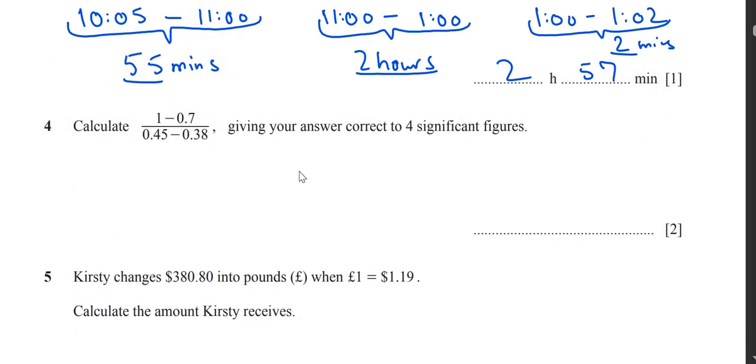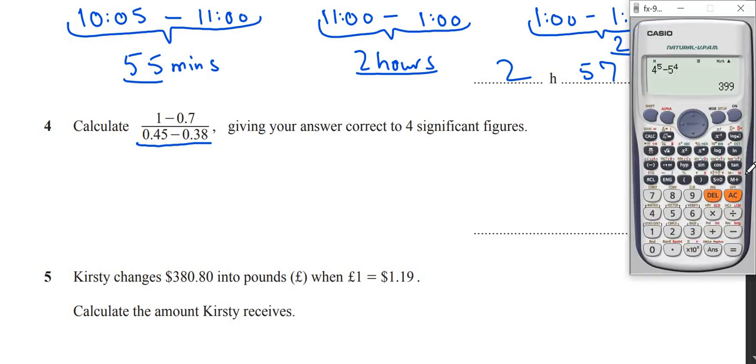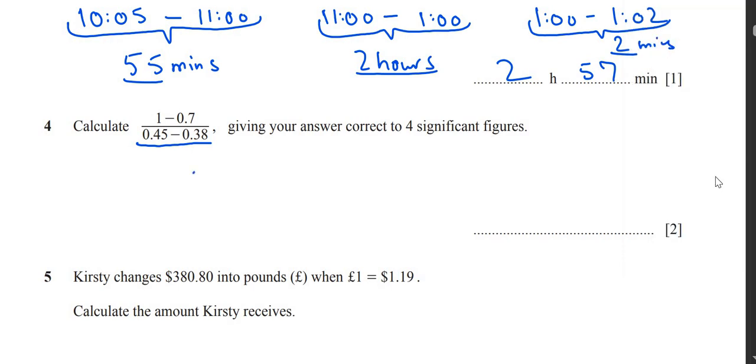Next question says, calculate this calculation, giving your answer correct to 4 significant figures. So look, open your calculator, write over here 1 minus 0.7 upon 0.45 minus 0.38. So you will get 4.2857.